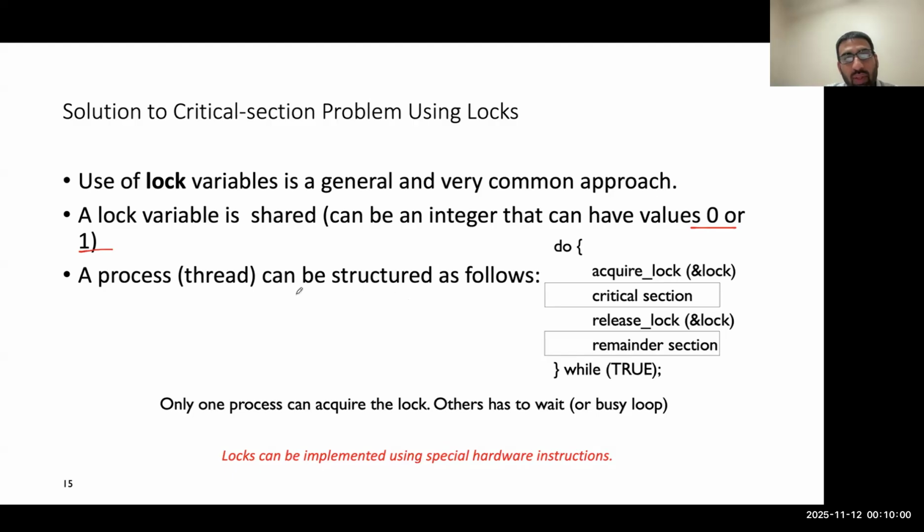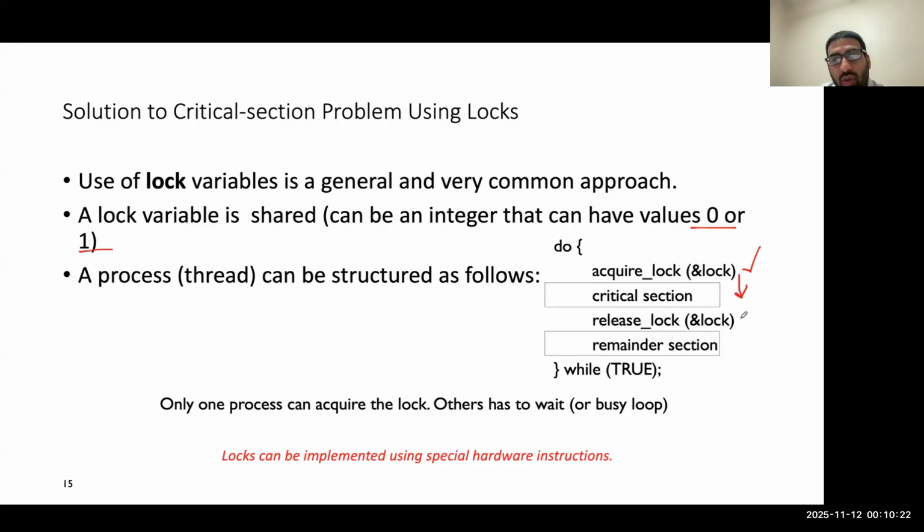So when you write the code for a process or a thread, you need to structure the code in the following form. Before entering the critical section, you have to acquire the lock, and once you are able to successfully acquire the lock, only then you can enter the critical section.